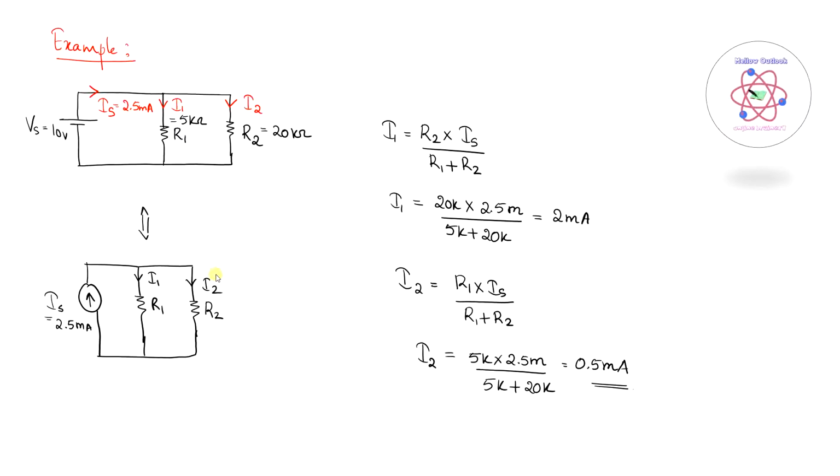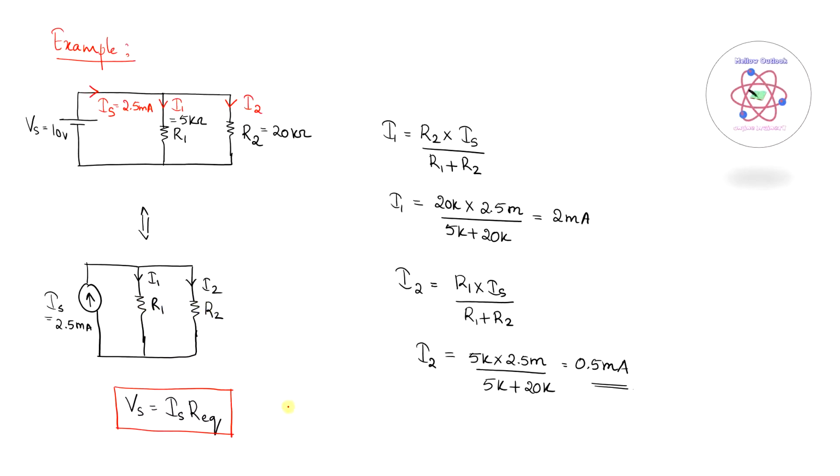When the current source is not provided to us, we need to compute the value of the source voltage. So how do we do that? That is very simple. All you need to do is compute the source voltage Vs to be equal to the current source multiplied with the equivalent resistance. How do you compute the equivalent resistance? You can see the two resistances R1 and R2 are in parallel.